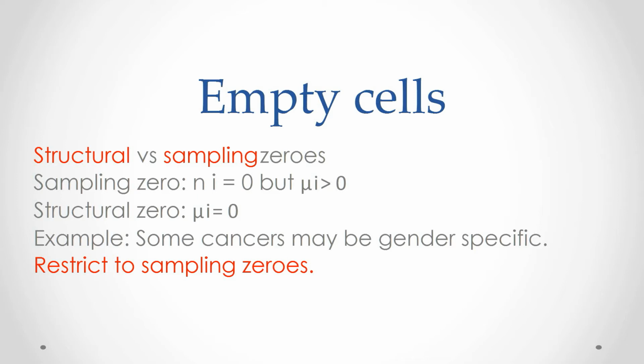The problem of structural zeros is rather different, and for the remainder of the discussion, we shall restrict ourselves to sampling zeros. Sampling zeros are a normal part of the data set. A count of 0, for example, is quite permissible under a Poisson or a multinomial variate. Sampling zeros are more common than structural zeros.